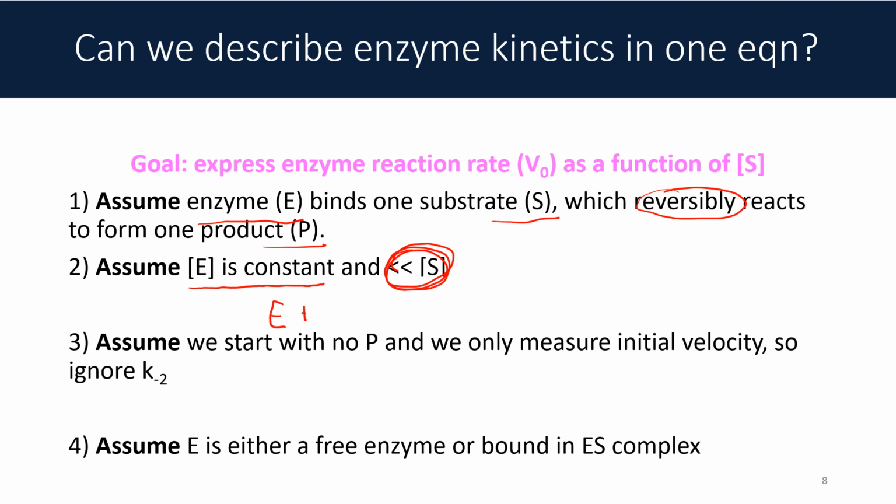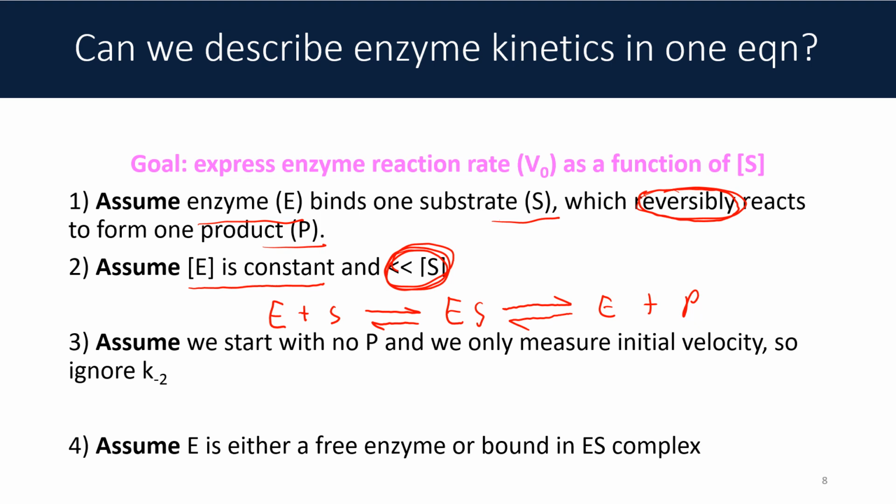E plus S will reversibly form an enzyme substrate complex, and that bound enzyme substrate complex will simultaneously disassemble and react to yield free unchanged enzyme plus product. I'm putting in double arrows because we are again assuming reversibility.